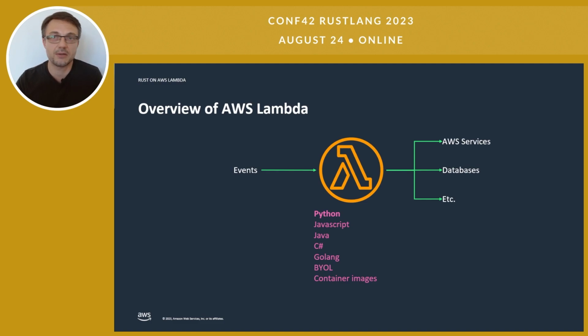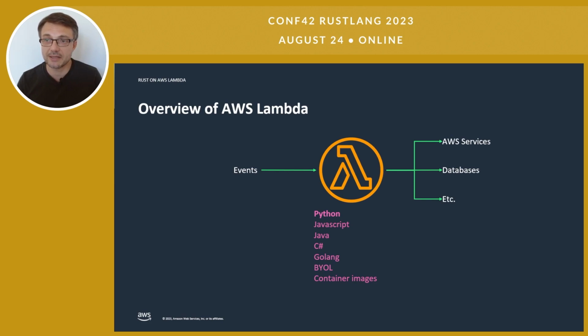And essentially then you write code and that code interacts with different underlying resources such as AWS services, databases, or any other resources. And lambda allows you to react to different incoming events from other AWS services or external APIs. And as you see, you can use different languages.